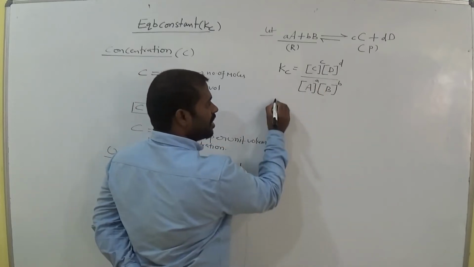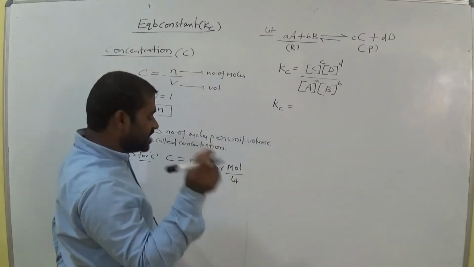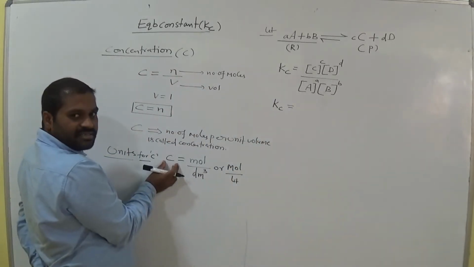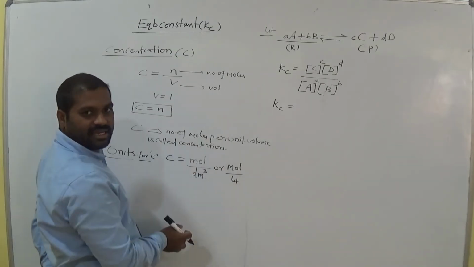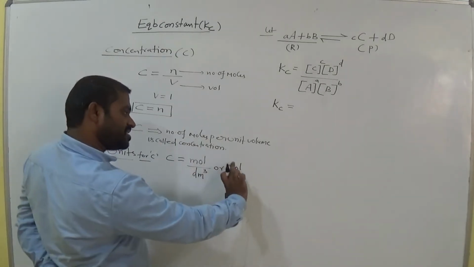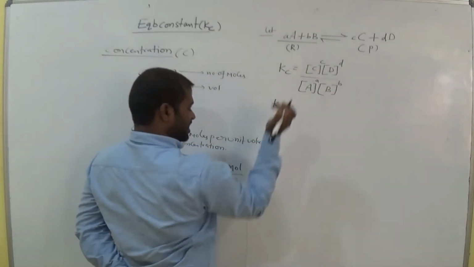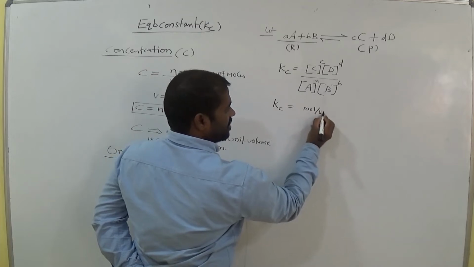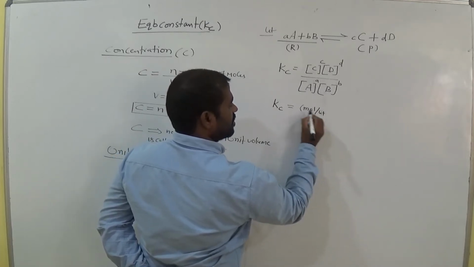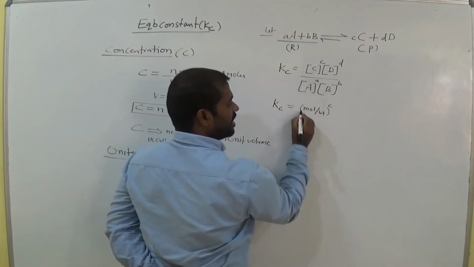Okay. Now, what is the unit for concentration? Mole per decimeter cube or mole per liter. Am I right? Now keep this value here. So for C, mole per liter whole power c.